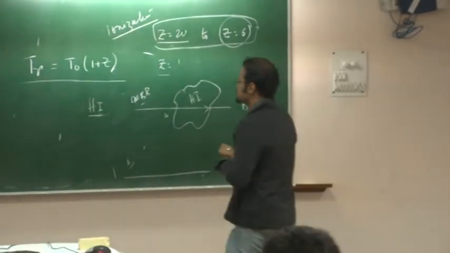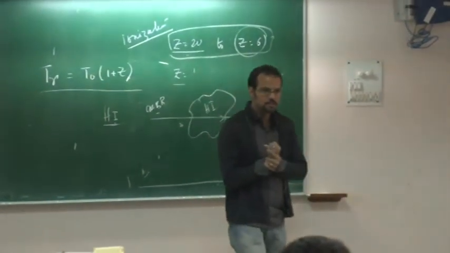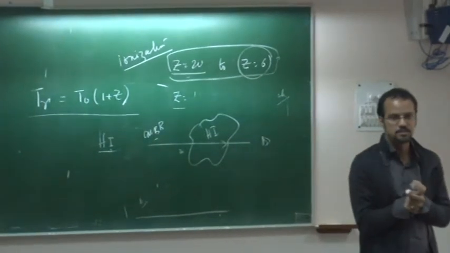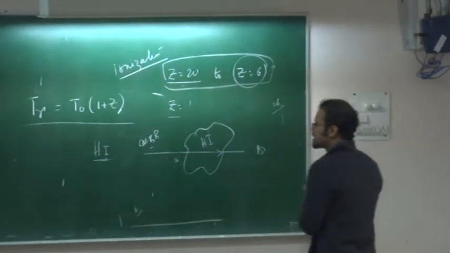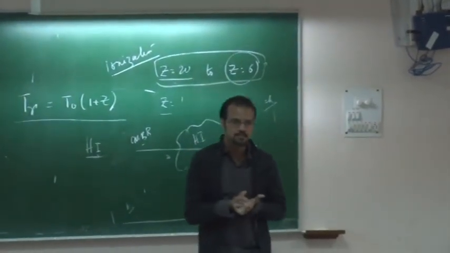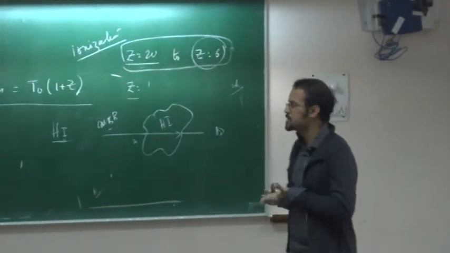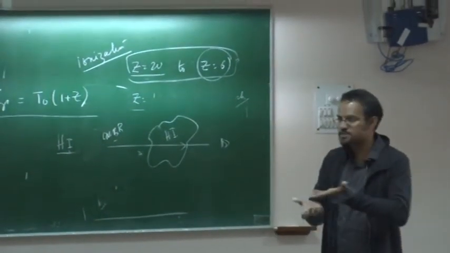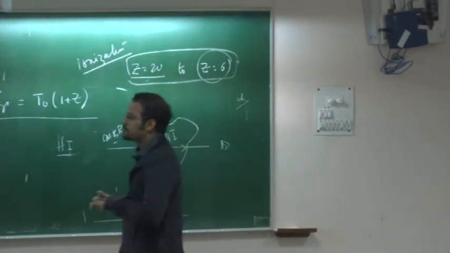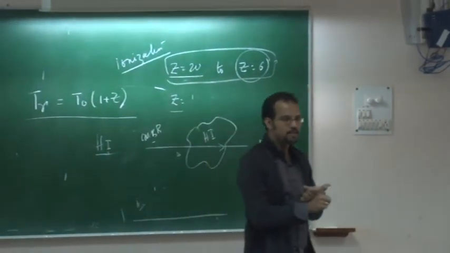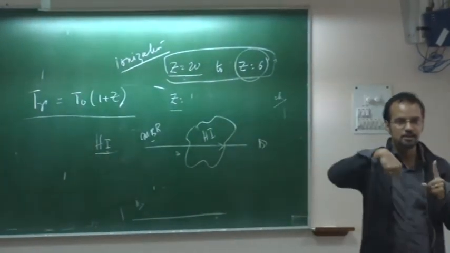And here comes this transition that I was talking about, namely the 21 centimeter transition. So what is this transition? It is basically a hyperfine transition between the two states of the ground state of hydrogen, where the electron spin and the proton spin are parallel or anti-parallel.